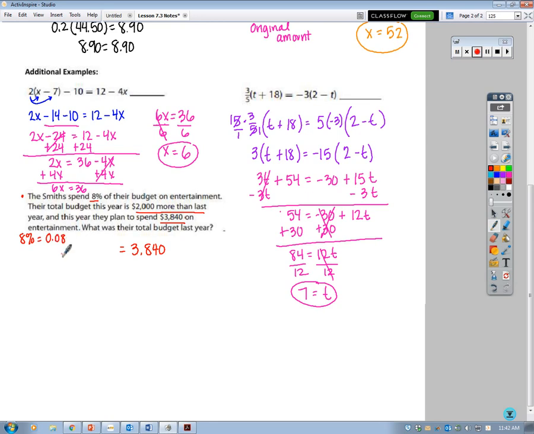So we're going to go ahead and take 0.08, multiply it by last year's budget plus 2,000, because last year's budget plus 2,000 should be equal to this year's budget, and 8% of that should be what they want to spend this year. Okay? And that total should be $3,840.